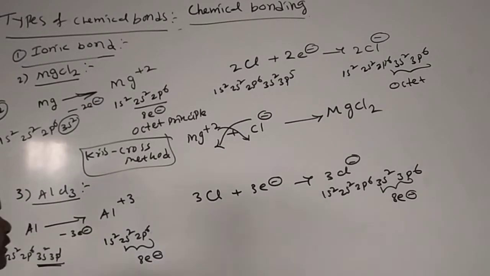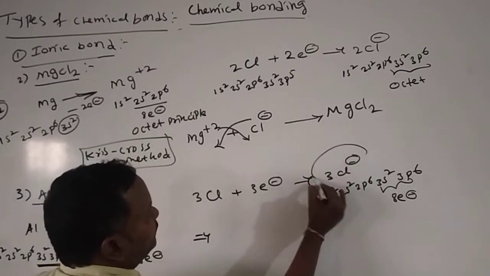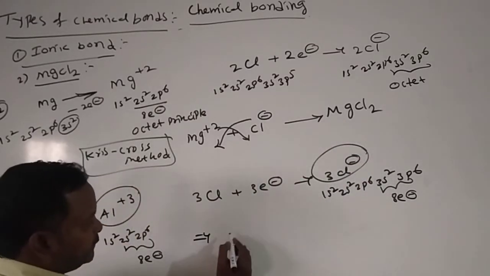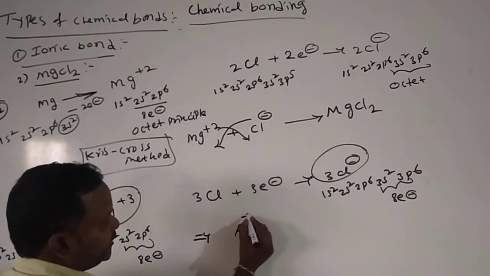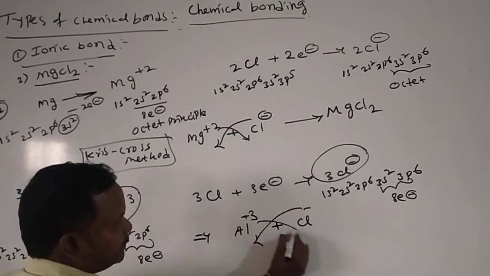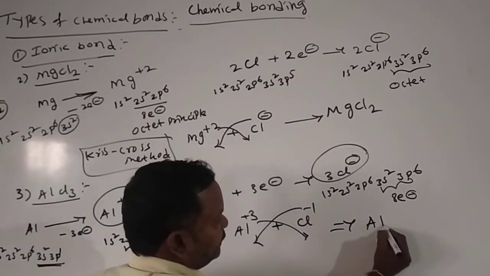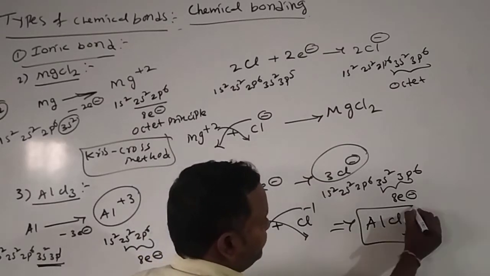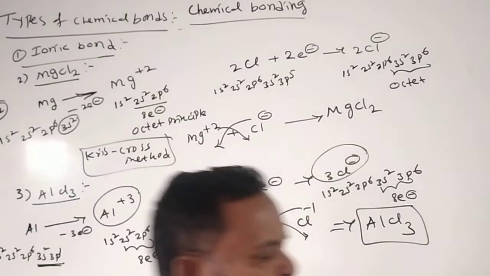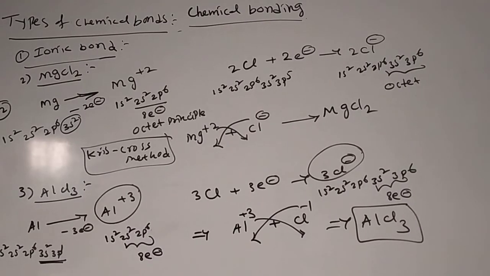Then the reaction between aluminium plus 3 and Cl minus. Write the formula based on the crisscross method. We get AlCl3, aluminium trichloride. This is about the formation of ionic compounds.